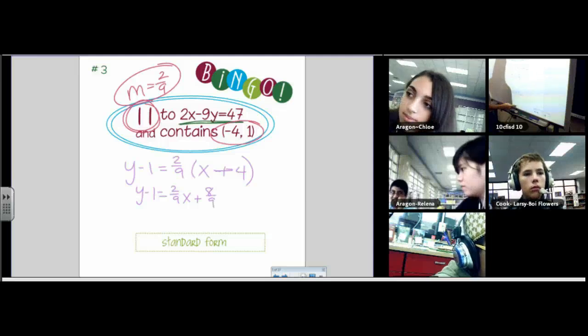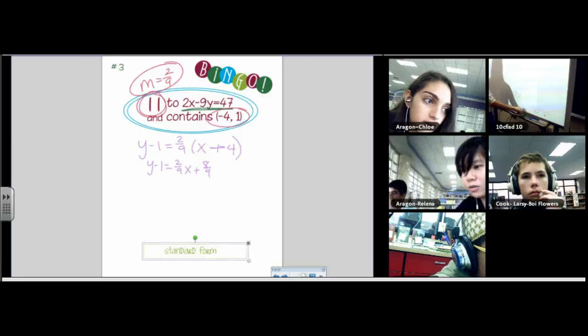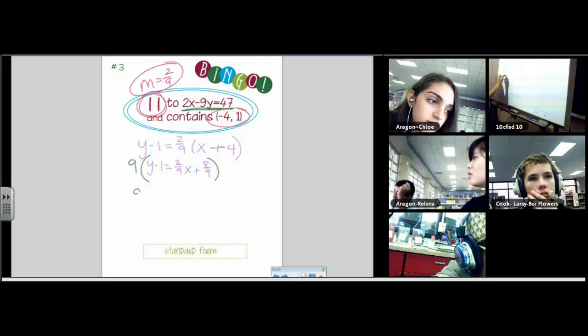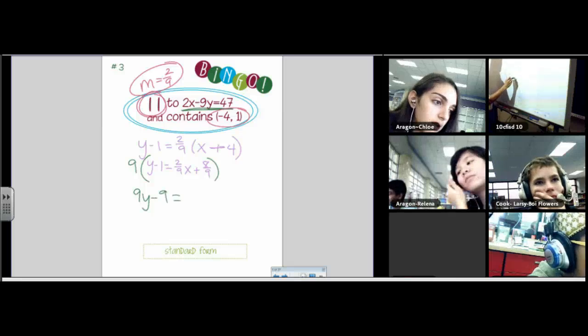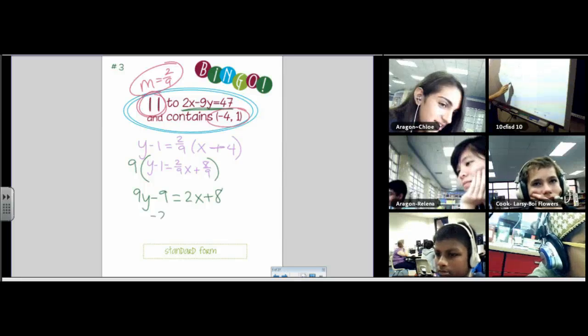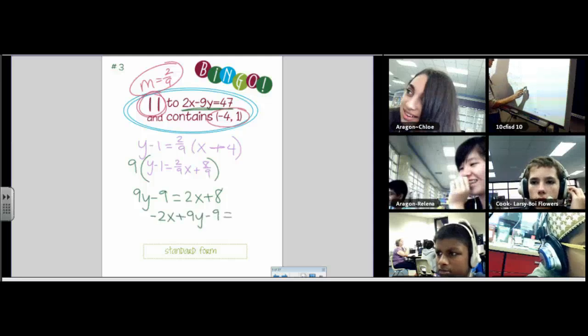We are not a fan of this because the problem is that we have fractions. So actually, before we move stuff around, I would go ahead and get rid of all fractions. 9y minus 9 equals 2x plus 8. And all of a sudden, that's much prettier. I'm going to bring the 2x over. Negative 2x plus 9y minus 9 equals 8.